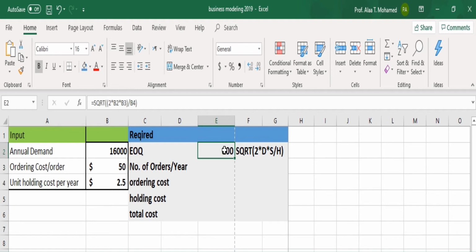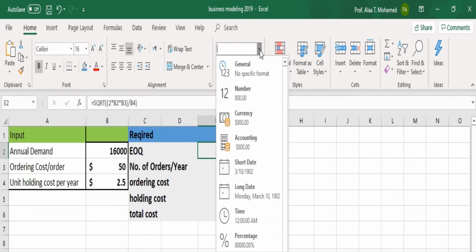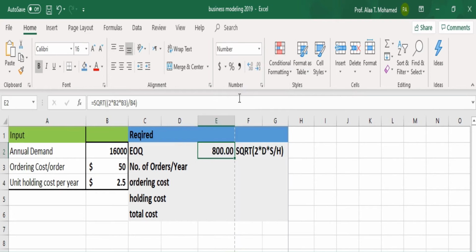We have 800 units as economic order quantity, and because it is units, we can put here general or number as you want. Then the number of orders per year means that you have the total annual demand divided by the economic order quantity to identify the number of orders.